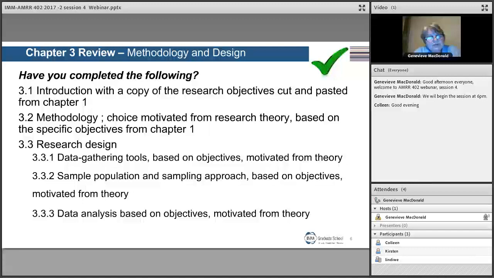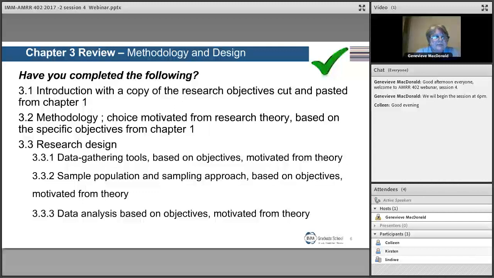That is very important, since the research objectives are the base for your methodology choices, your choices in tools to use, your choices in sampling approach, etc., etc. We discussed that in depth with the previous session, session 3.